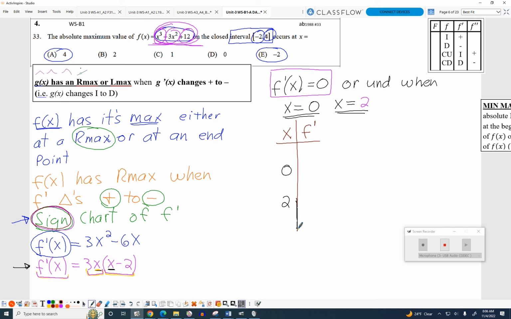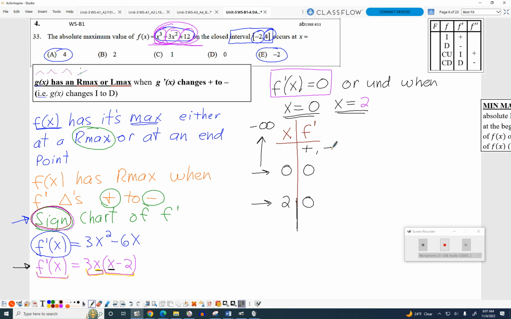The idea is that because x equals 0 and x equals 2 are the only x coordinates where f prime actually equals 0, that means that for every x coordinate that is less than 0, all the way to negative infinity, every one of those x coordinates will either be positive or negative, but they won't be both.